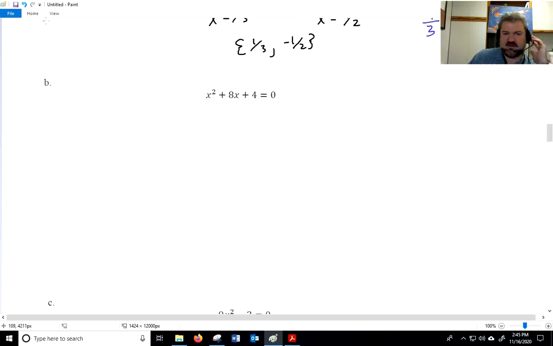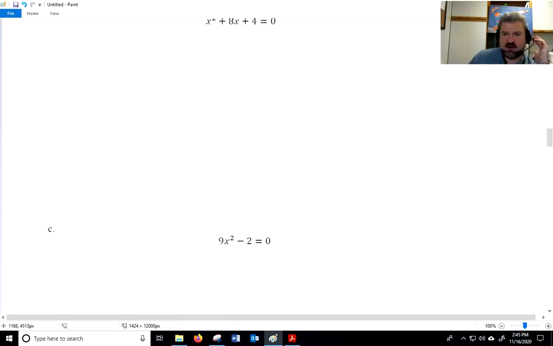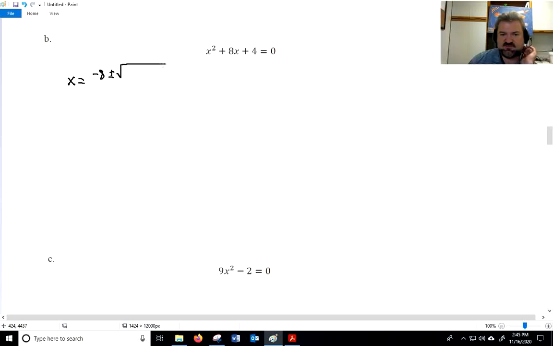All right, let's take a look at the next one. I have x squared plus 8x plus 4. So there's nothing that multiplies to 4 and adds to 8. So I have to use the quadratic formula. X equals opposite b plus or minus the square root of b squared minus 4ac all over 2a.